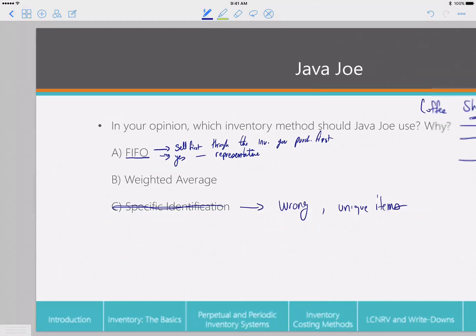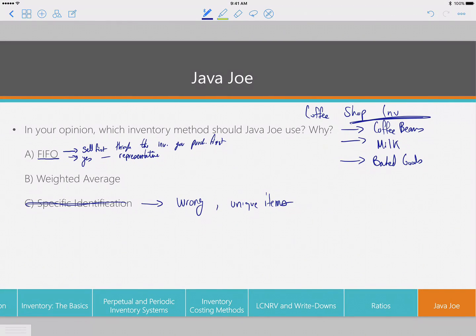They're a coffee shop, so they're selling through milk, coffee beans. These are all goods that can go bad over time. They're perishable. So they want to sell through the first coffee beans that they had while they're still fresh. They want to sell through the first milk that they purchased before it spoils, and the baked goods are maybe only good for a couple of days. So it's very representative of their operations, so you could very well argue that they should use FIFO.